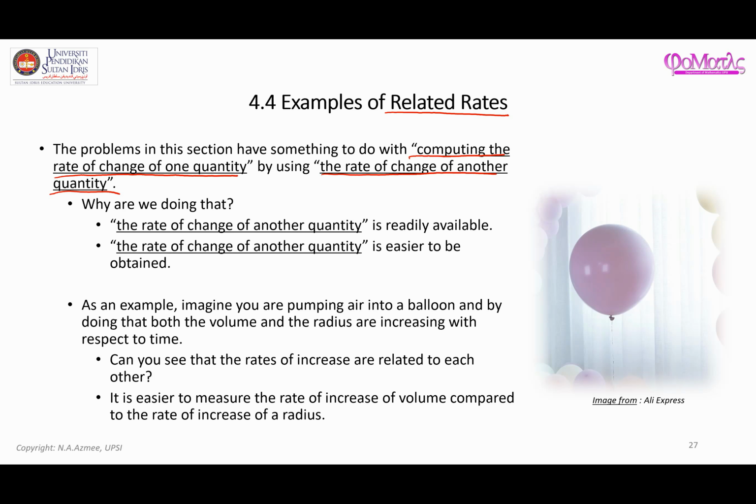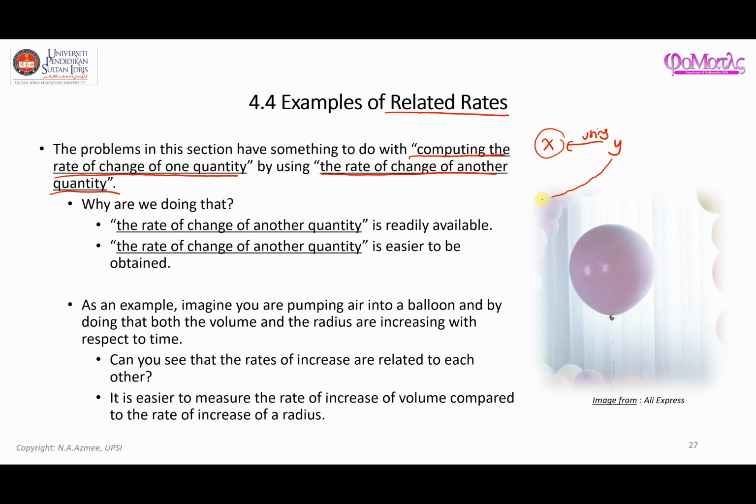Basically, I think it can be simplified using this analogy of having to find out about x. You want to find out about x, but you are using y in order to find out about x. Now, why are we using y?